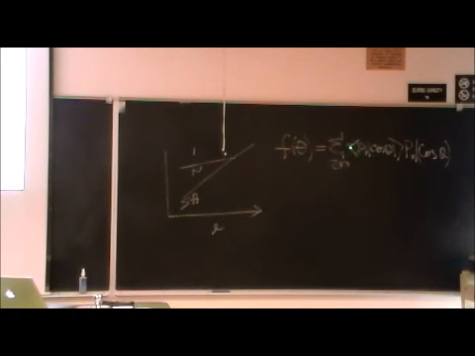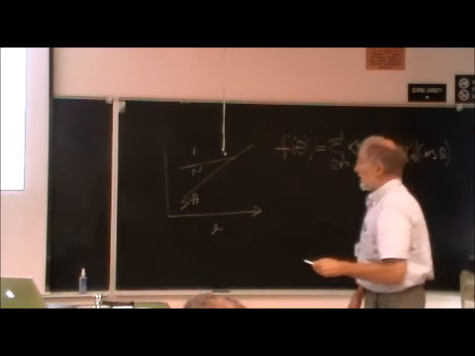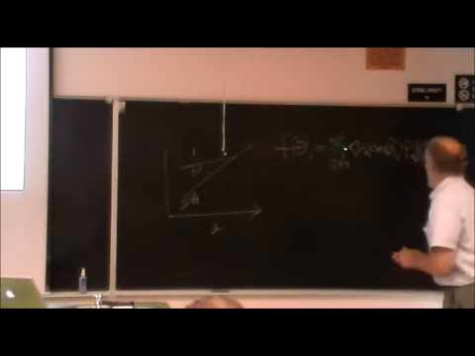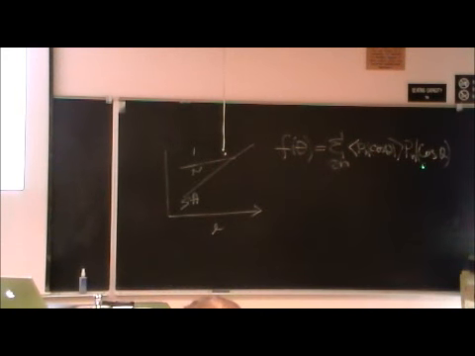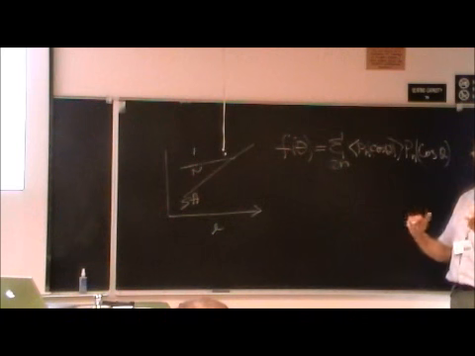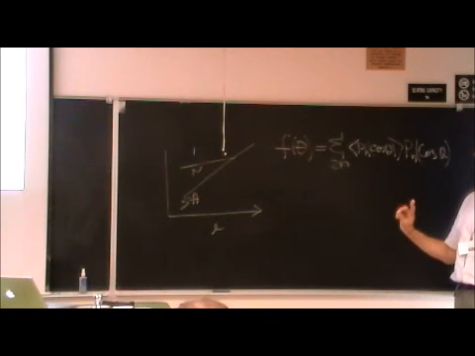Now, the first one of these that matters is n equals 2. That's P2 of cos theta. So this coefficient of the first term in this expansion is taken as the fundamental measure of the degree of orientational order.